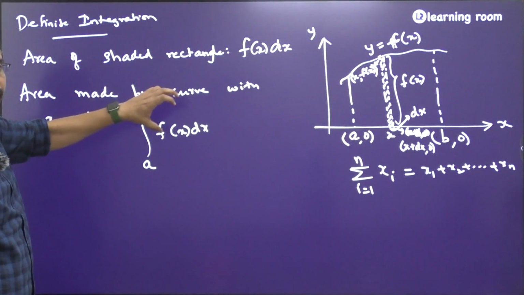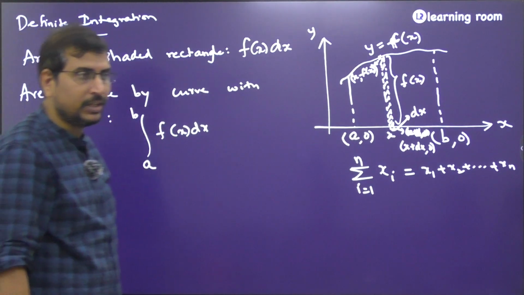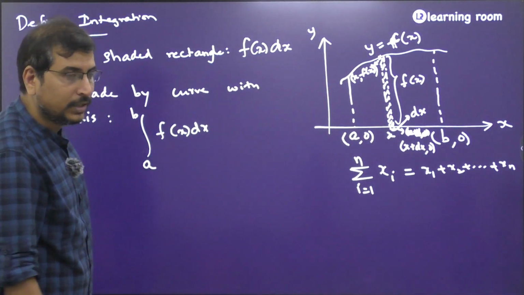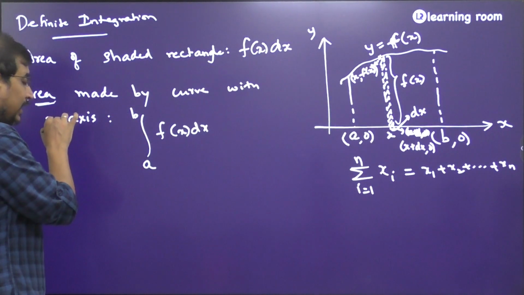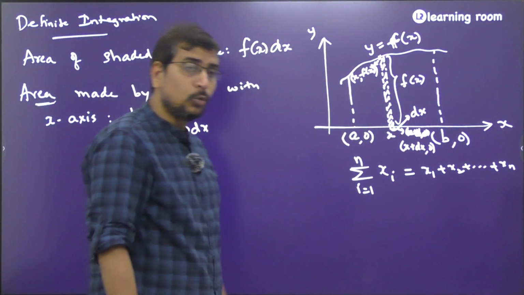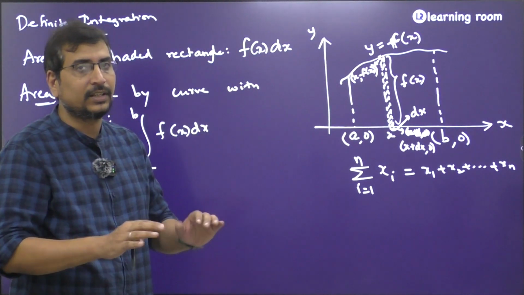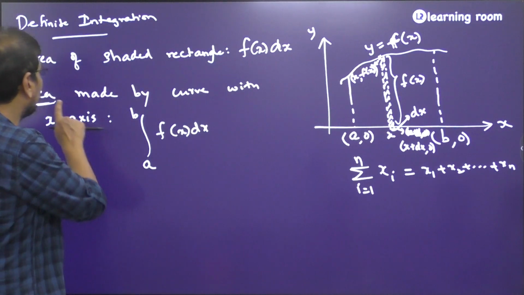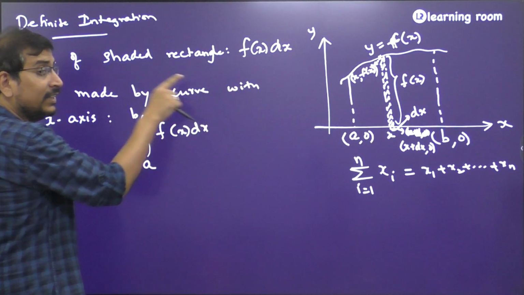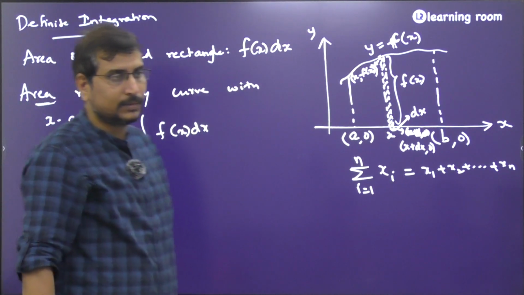So when you do definite integration, what is it that we are actually obtaining? We are actually obtaining the area made by the curve with the x-axis. To be more specific, it is not always necessary that the area is calculated only with the x-axis. I would say area made by the curve with the independent axis.